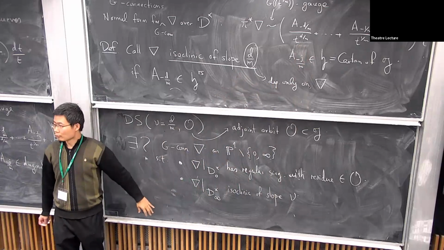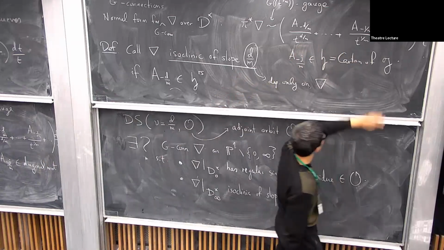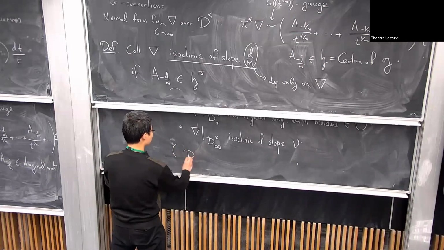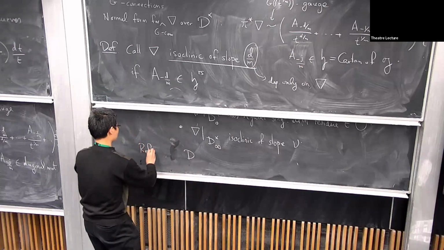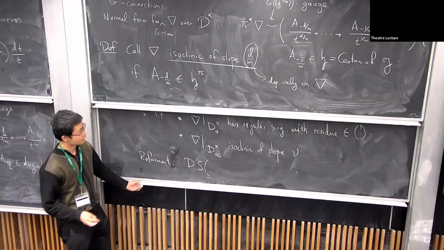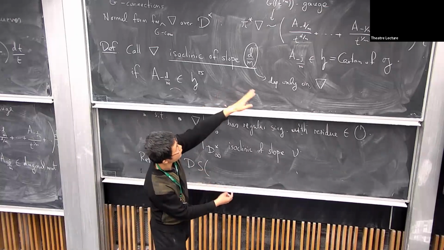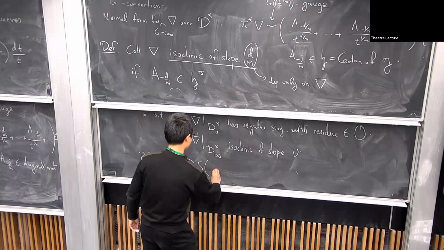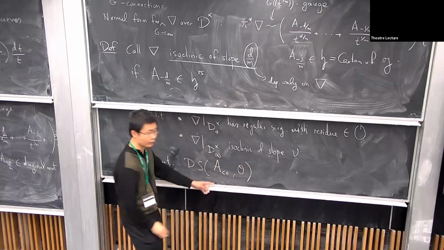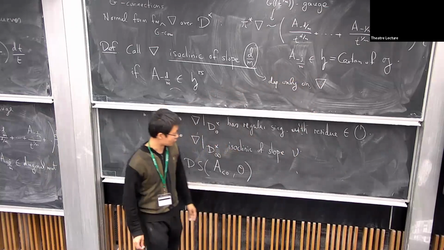You can refine the problem to fix also these polar terms, and ask for a similar existence problem, not just fixing the slope, but also fixing all these terms. I'll just denote it by A negative. So you fix all these coefficients in the Cartan and ask for the existence.